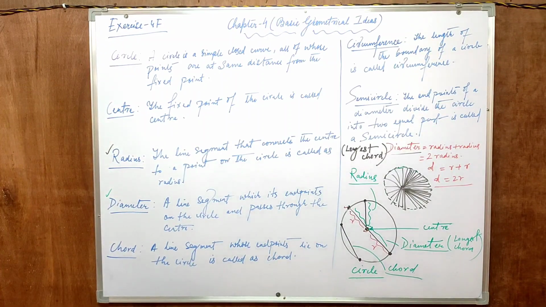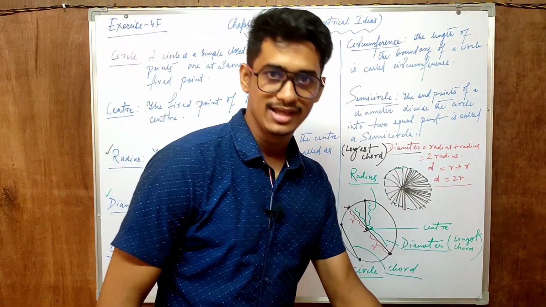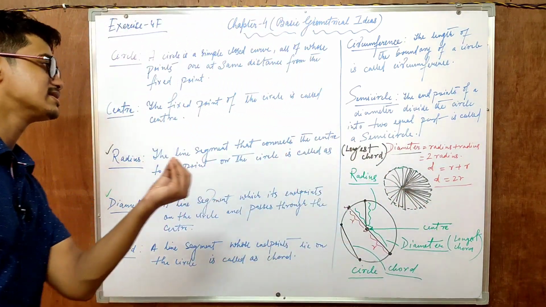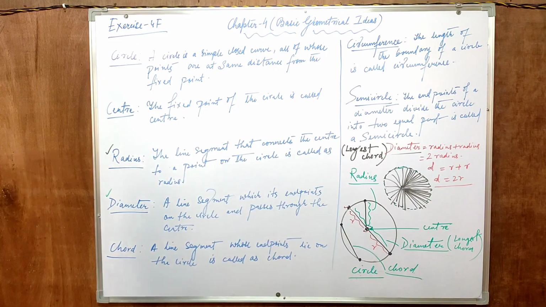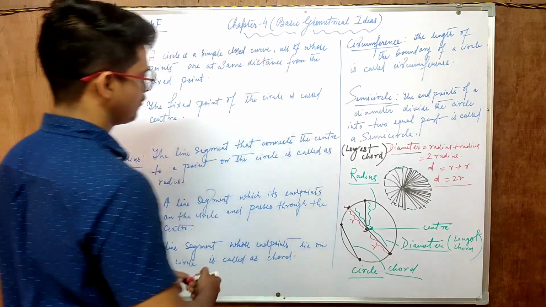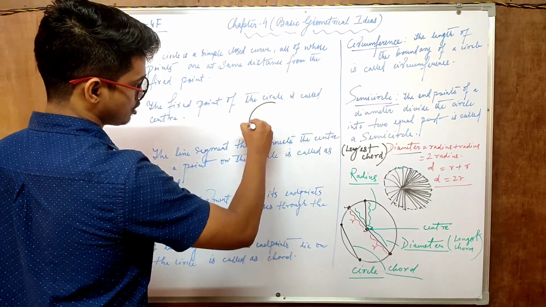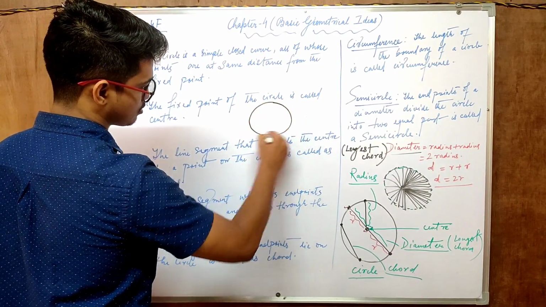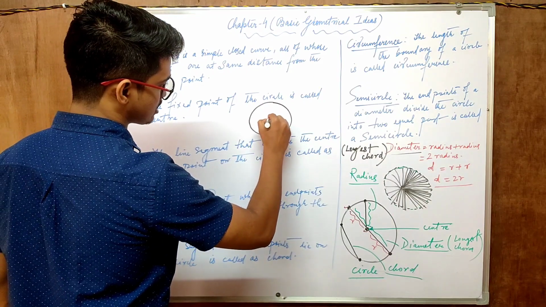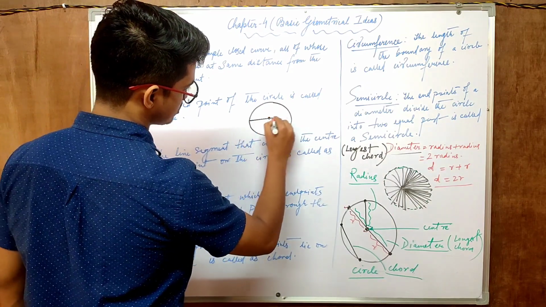So after that, the last point is semicircle. What do you mean by semicircle? The endpoints of a diameter divide the circle into two equal parts. So here, I'm just making, let's say, focus. Let's say this is the circle. This is the center. So where is the diameter? This is the diameter.